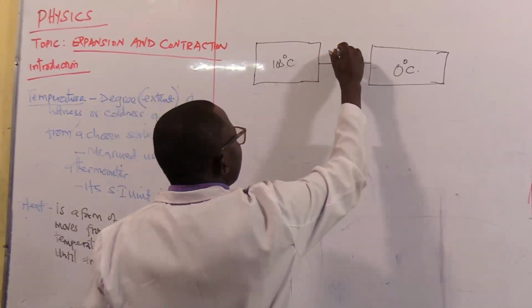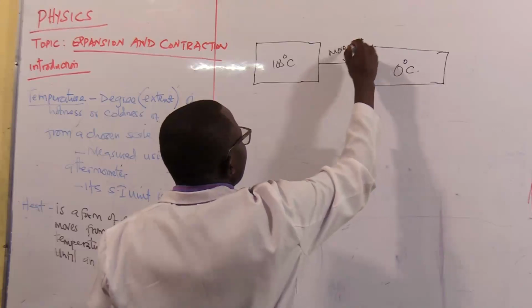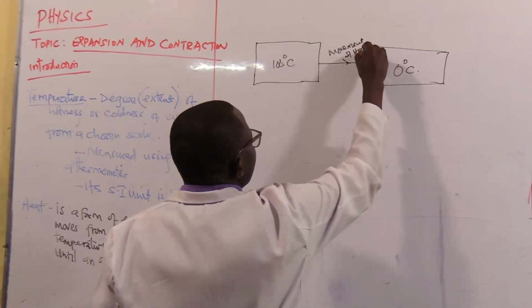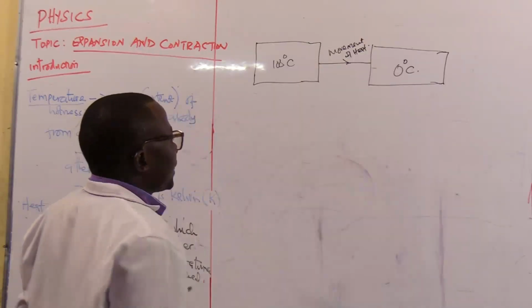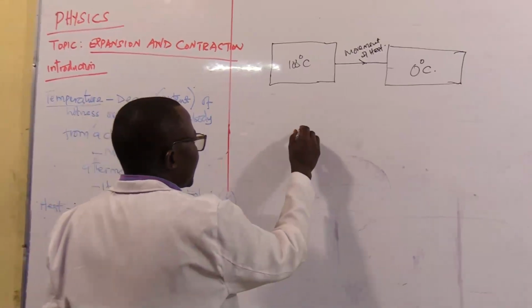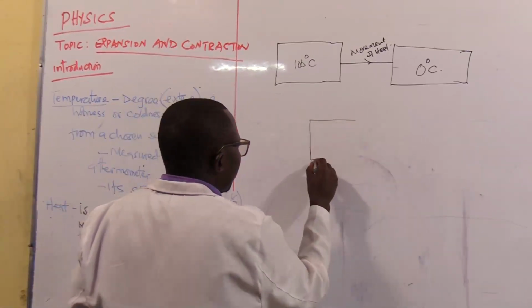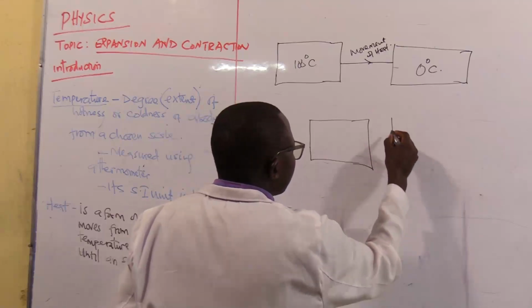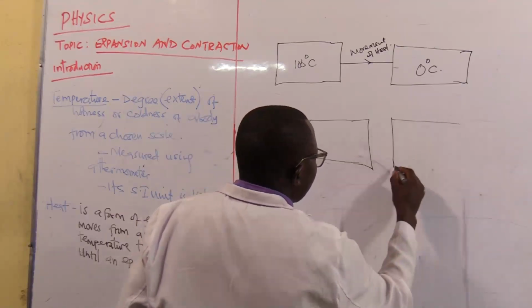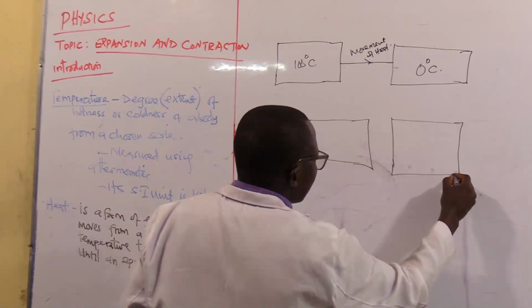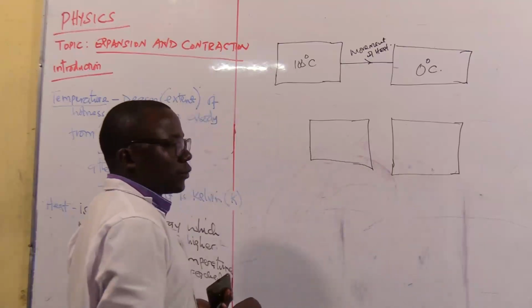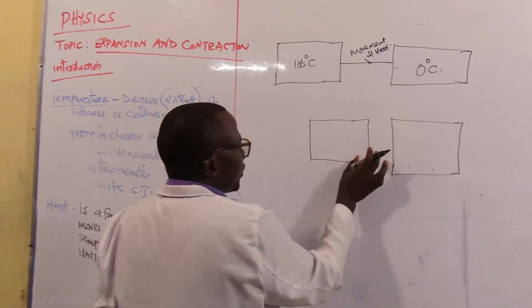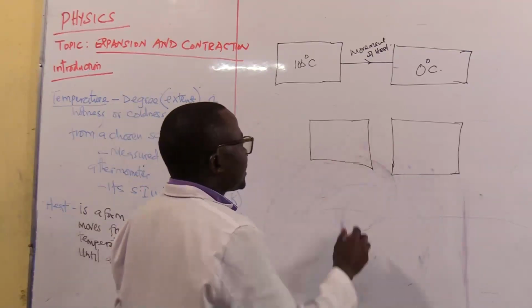So this is a movement of heat. At the end, when the two are at the same temperature, we say that the two bodies are at equilibrium. So there will be no further movement of heat.